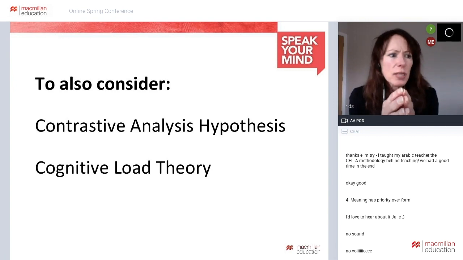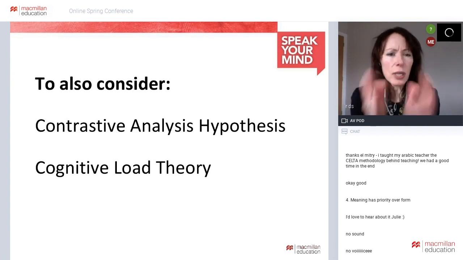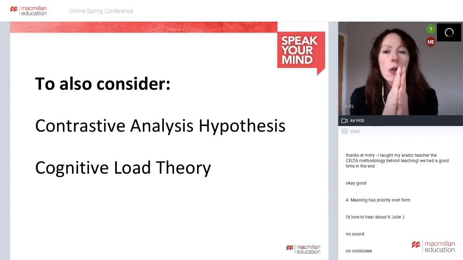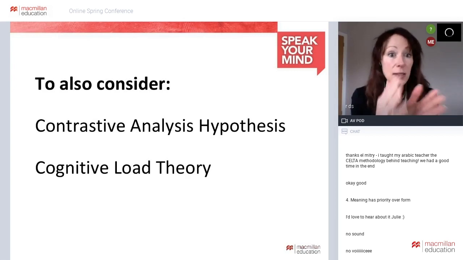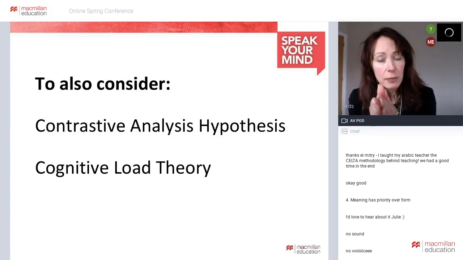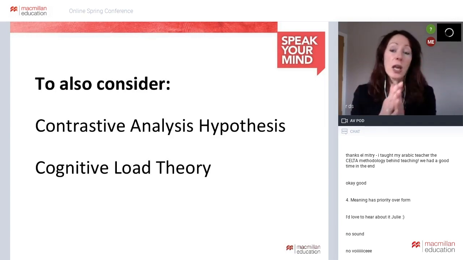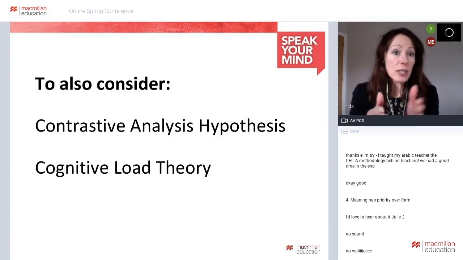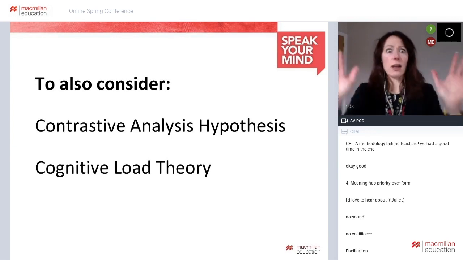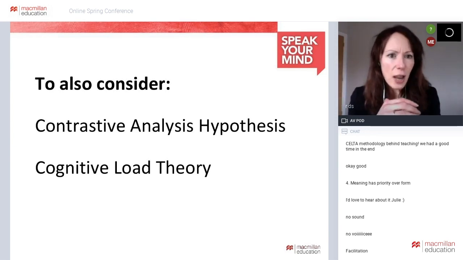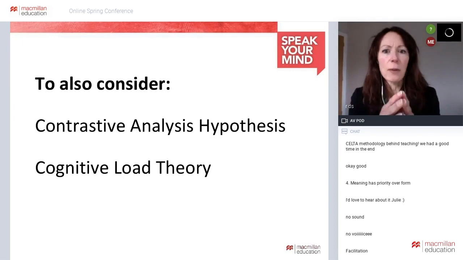So if we've got an L1 and an L2 that are linguistically similar or close on that language tree, say Italian and Spanish, there'll be a positive transfer and fewer errors. So you might get a lower level learner who's Spanish and wants to learn Italian doing brilliantly and just flying through it and seeming to progress incredibly well.